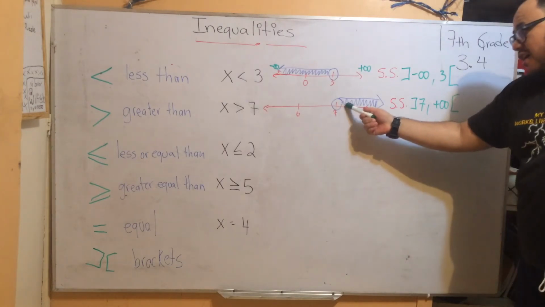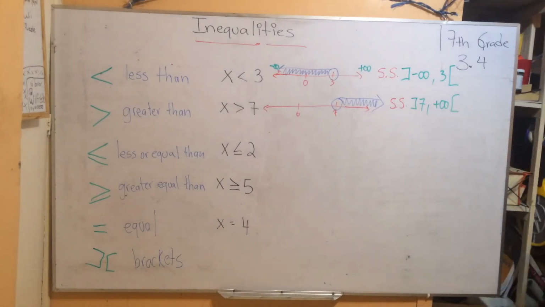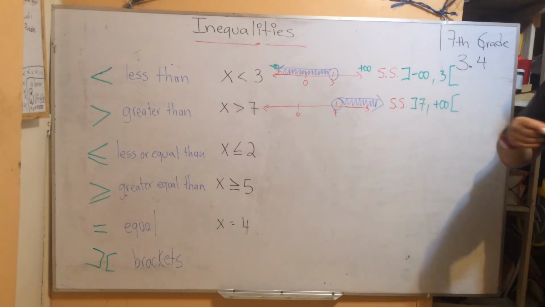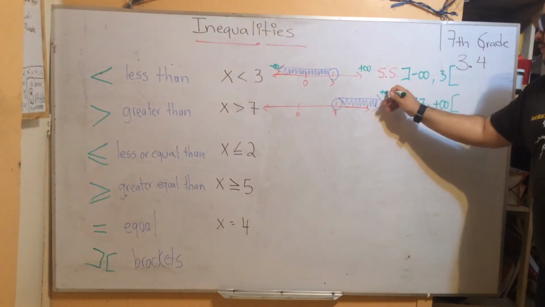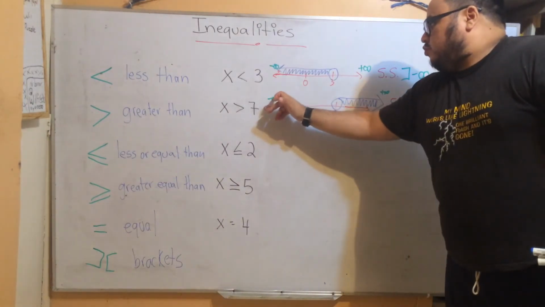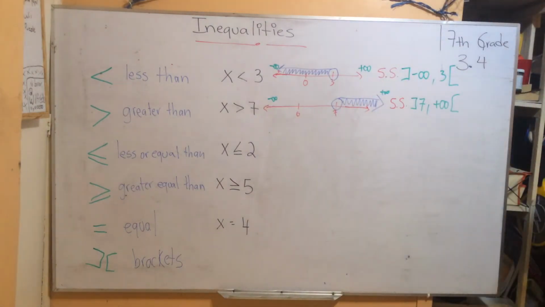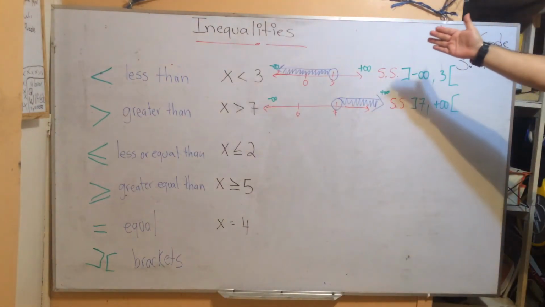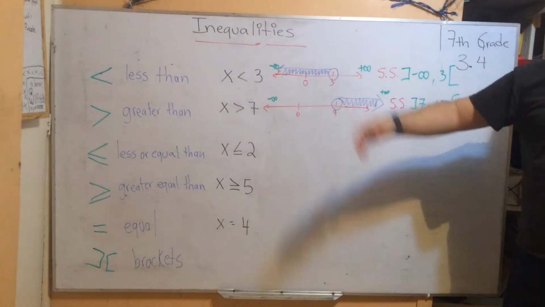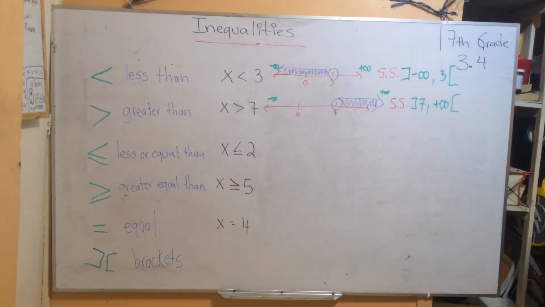We're looking for all of these numbers: 10, 100, 1 million, 10 million, 1 trillion, all of those numbers. That's why we move to positive infinite. And this was negative infinite. Remember that a number line expands. It moves to the positive infinite and it moves to the negative infinite.